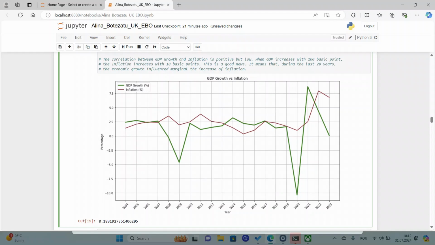When GDP growth increases by 100 basis points, or 1 percentage point, inflation increases by 18 basis points. This is good news. It means that during the last 20 years, economic growth marginally influenced the increase of inflation, and the other way around. So inflation doesn't influence GDP growth that much.